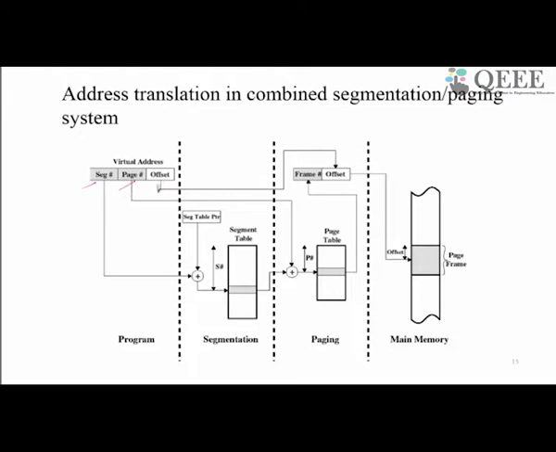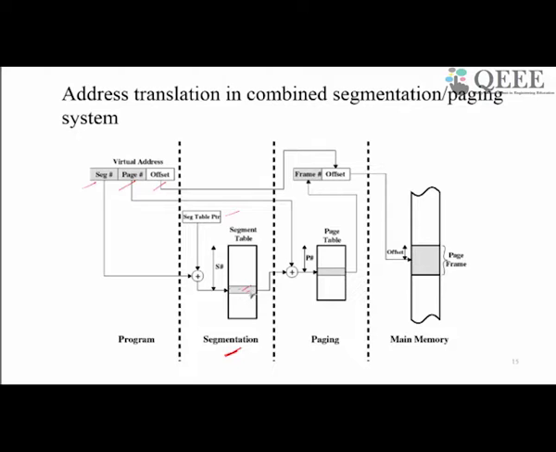Given the segment number, page number and the offset, in the first stage you refer to the segment table using the segment number and the base address as given by the segment table base register. You go to the corresponding index in the segment table.